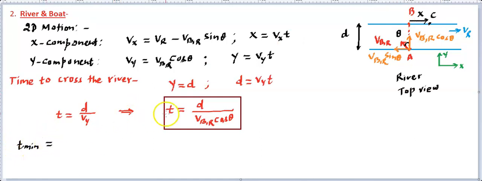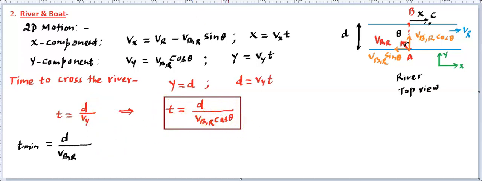Now from this expression of t, we can mathematically find what t minimum is going to be. It's d, we cannot change d. That means the river width cannot be changed. And if you have started, the boat has a particular velocity, so that can also not be changed. So if the boat has a particular velocity, what should be theta? Can we say cos theta should become such that t becomes minimum, and we know cos theta is in the denominator, so it becomes maximum, and the maximum of cos theta is 1.